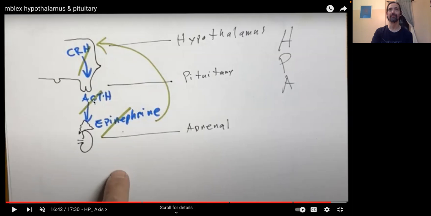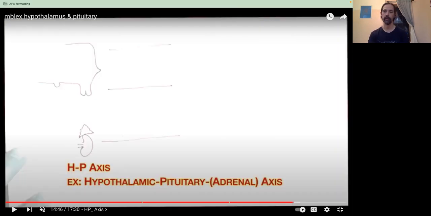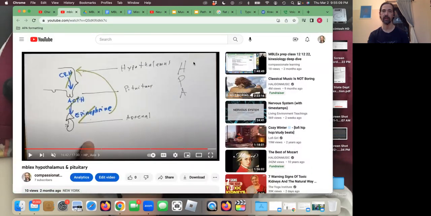Then once testosterone or estrogen or progesterone are at correct levels, reach homeostasis, that sends a signal back to the hypothalamus to stop the process of releasing hormones and stimulating hormones to the gonads. That's called negative feedback. And the axis is something that might be mentioned.